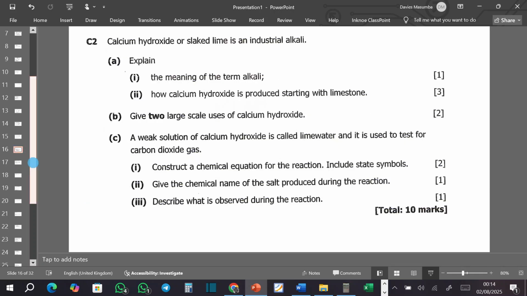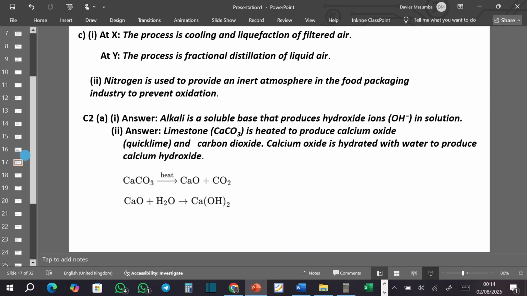When we get back, yeah, we have done this. And we're saying B, give 2 large-scale uses of calcium hydroxide. So, what is calcium hydroxide used for mainly? So the answer should be here.